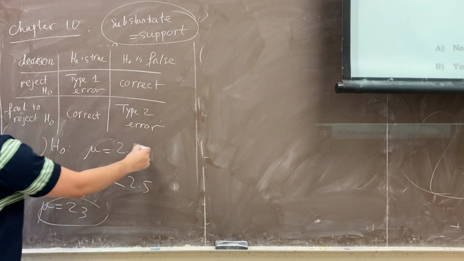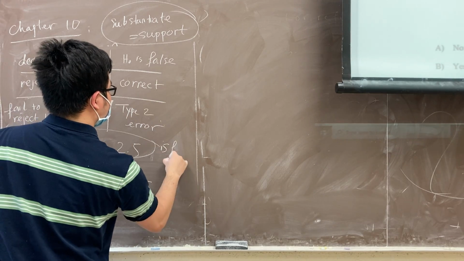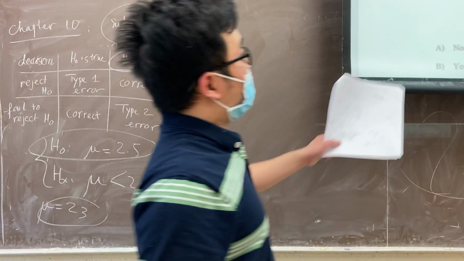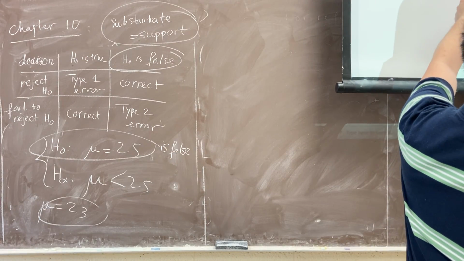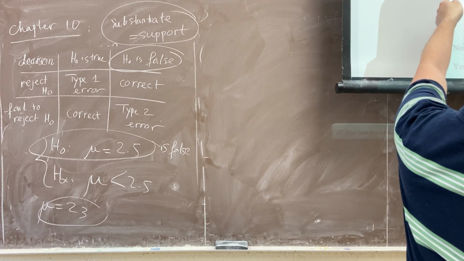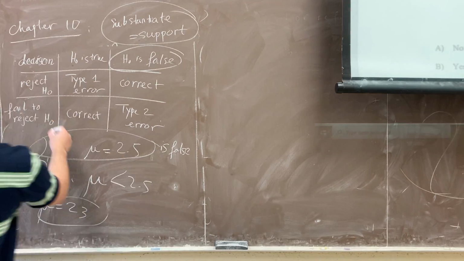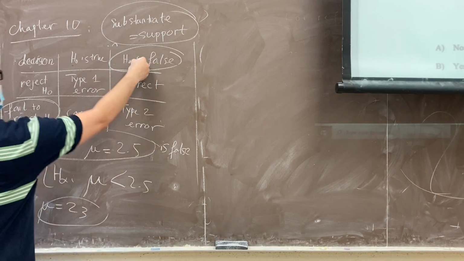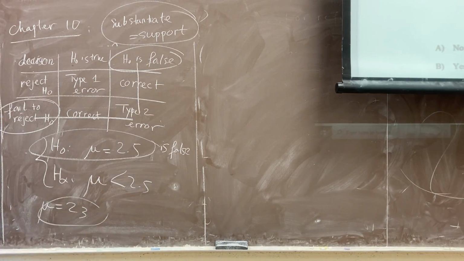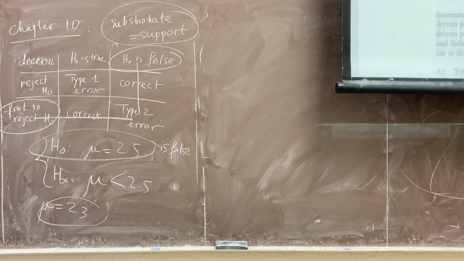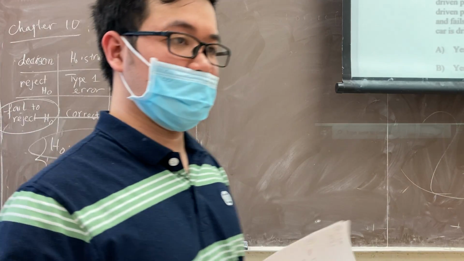So that means H0 is false, so we choose this, right? But the decision here is fail to reject the null hypothesis, right? Fail to reject, and H0 is false. So we look at this, that is the type 2 error. Right? So we choose this answer. Type 2 error. Okay. Any questions so far?